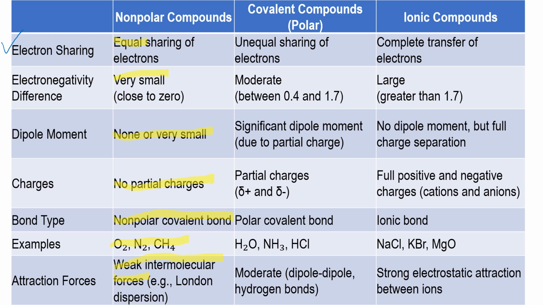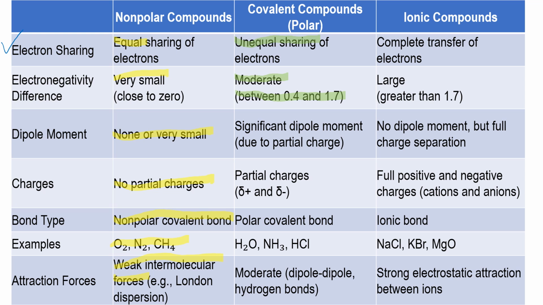For your covalent compounds, this is an unequal sharing of electrons. So in our example earlier, one side is pulled more. To note, the electronegativity difference must be between 0.4 to 1.7, a moderate electronegativity difference.